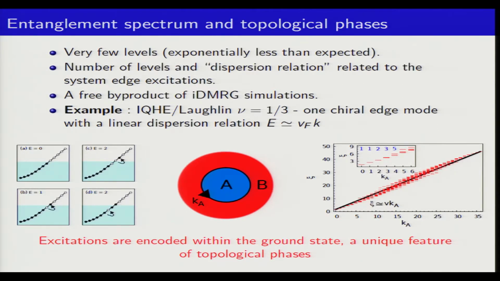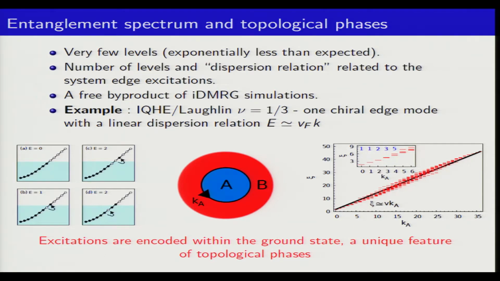If you do a DMRG calculation or iDMRG calculation, it's a free byproduct of the simulation. So it's very easy to have a look at the entanglement spectrum. So let me give you an example about the integer quantum Hall effect, but it's exactly the same calculation if you do the Laughlin 1/3. So remember, that's how you count how many edge modes you can have with a given total energy.